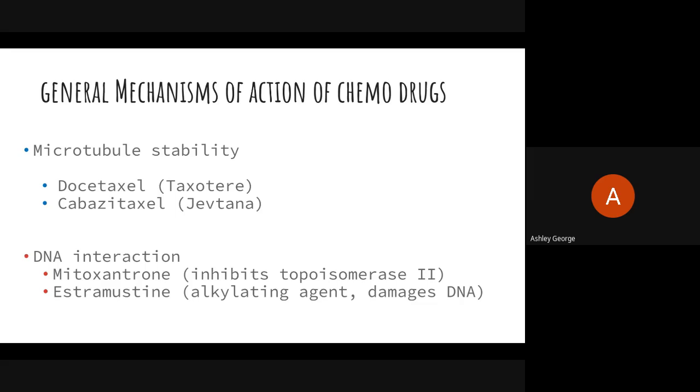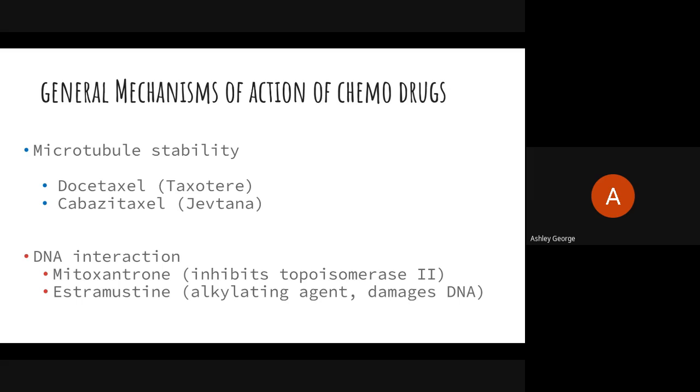Docetaxel promotes the assembly of tubulin into microtubules and then stabilizes them. The microtubules are supposed to be able to depolymerize, or break down. So when docetaxel disrupts that and stabilizes the microtubules, it prevents the proper formation of the mitotic spindle, or the microtubules that pull the chromosomes apart in cell division.